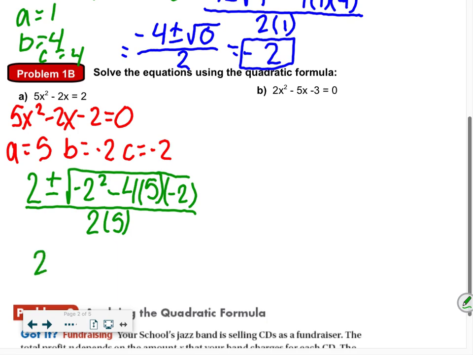Let's simplify our square root. Negative 2 squared is 4. We get 4 minus, what's 4 times 5? Negative 20. And negative 20 times negative 2 is 40. So am I adding or subtracting? Plus. And then 2 times 5 is 10.